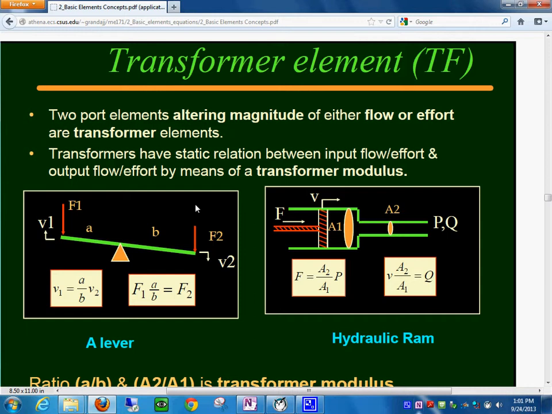It has one of these hydraulic ramps. Okay. Any question?